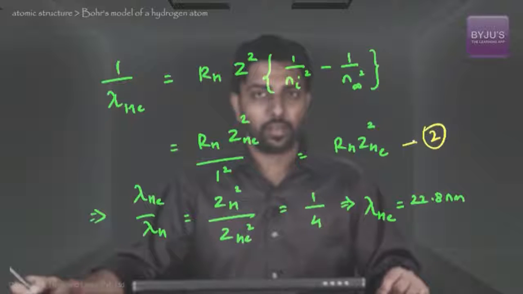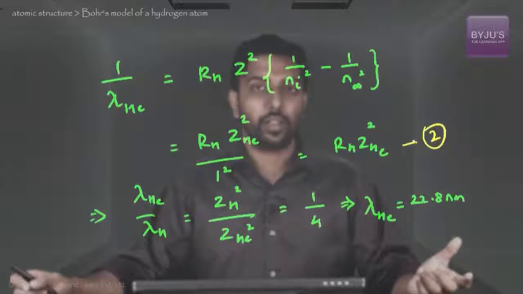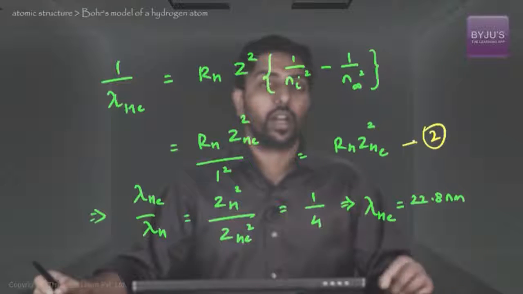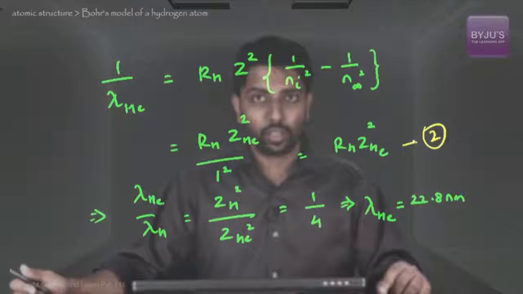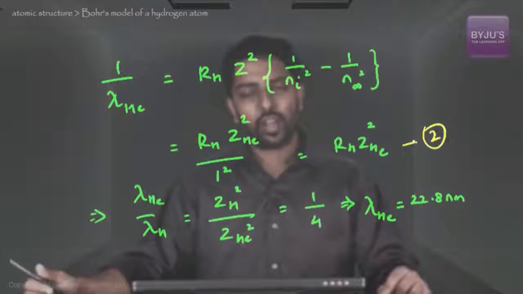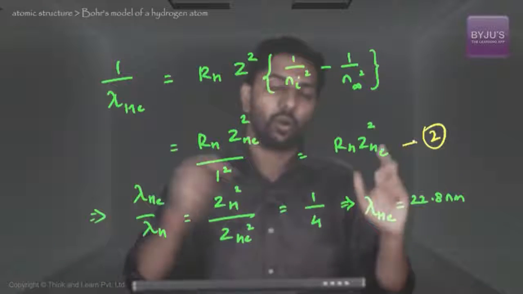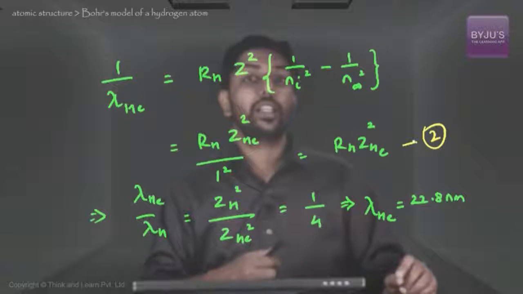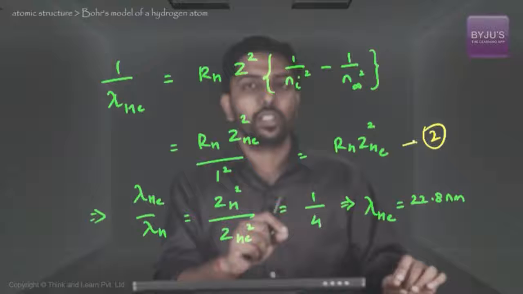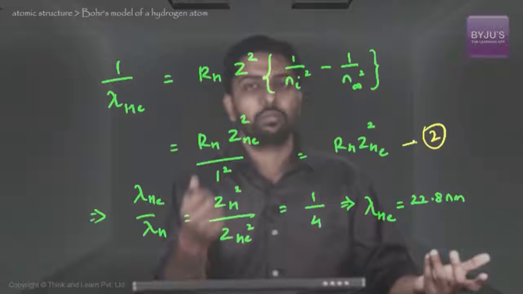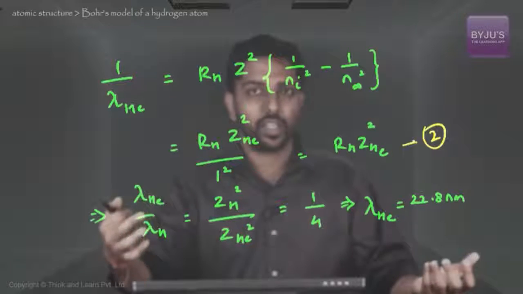So lambda He is lambda hydrogen's wavelength, which corresponds to the highest energy transition, 91.2 nanometers, divided by 4. So as predicted earlier, we are getting a smaller wavelength because it would take much more energy to remove the electron from the lowest orbit, the stationary state corresponding to the lowest energy, that is n equals 1.